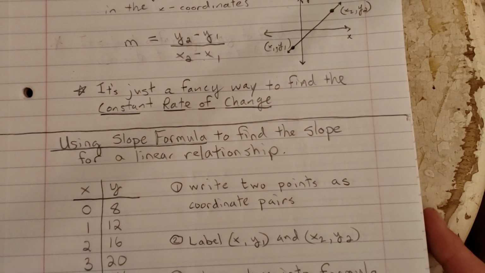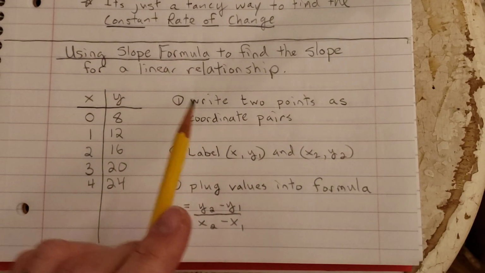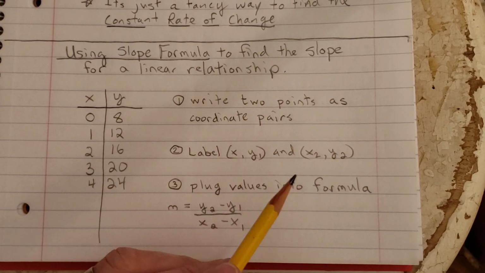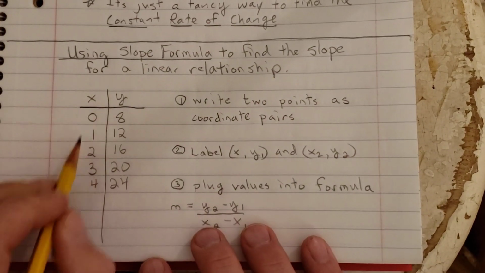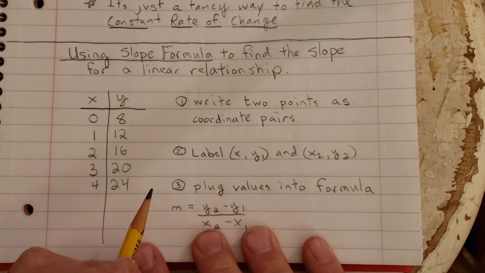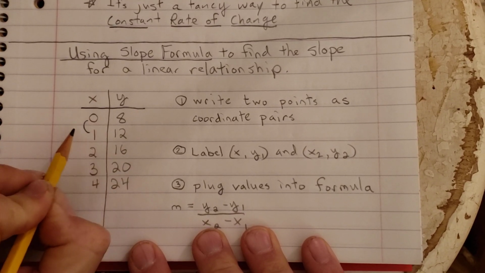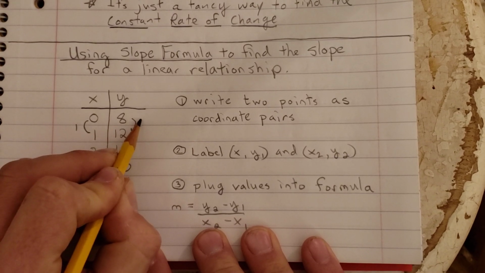All right, let's get into the actual steps here: using the slope formula to find the slope for a linear relationship. Remember, slope is just rate of change. If we look at this table, it looks like when the x goes up by 1, the y goes up by 4.